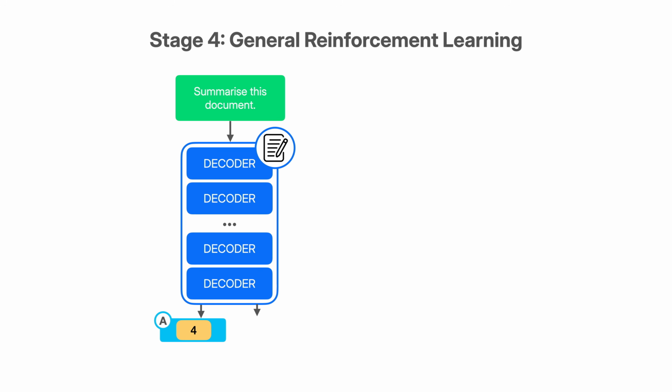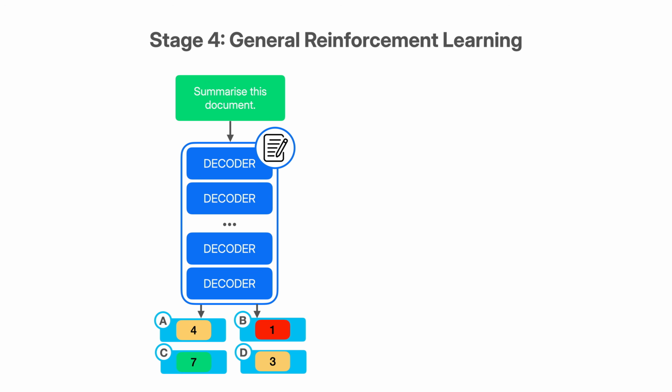As with the previous reinforcement learning step in stage 2, the LLM is given the same prompt from this dataset multiple times. This time, the answers are scored based on their quality, a mixture of things like helpfulness, relevance, honesty, conciseness, and reasoning quality.